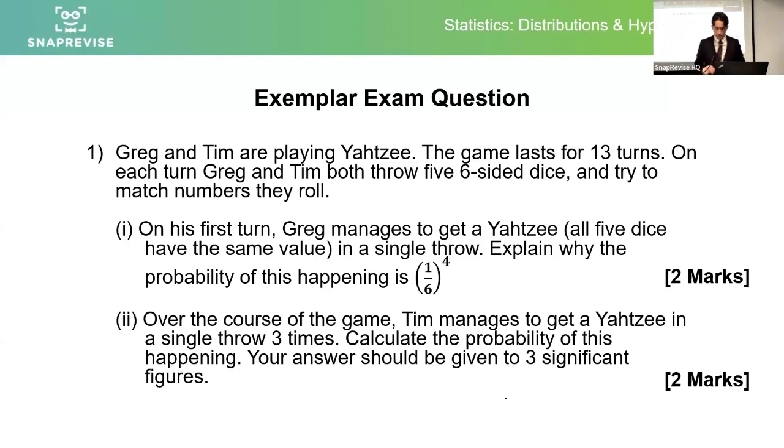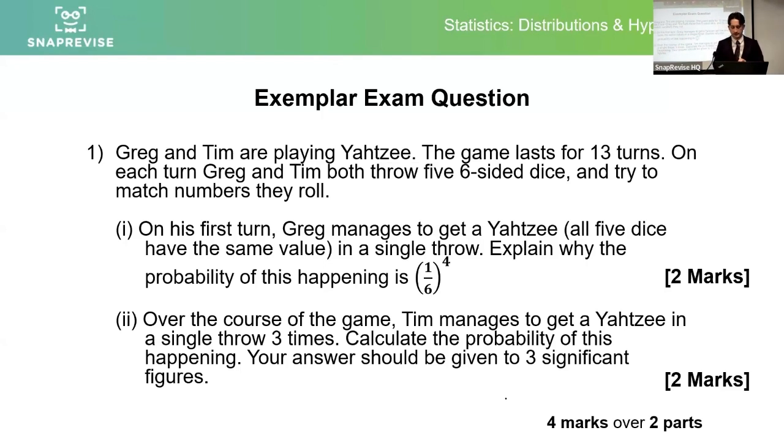Now, let's push on with this and let's look at this question here. So we've got a 4 marker split into 2 marks. Greg and Tim are playing a game of Yahtzee. The game lasts for 13 turns. On each turn, Greg and Tim both throw 5 6-sided dice to try and match numbers they roll. So on his first turn, Greg manages to get a Yahtzee, which means all 5 dice have the same value in a single throw.